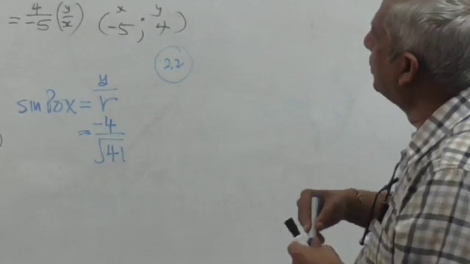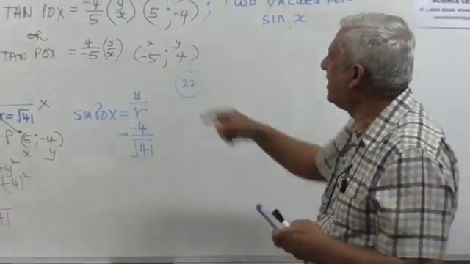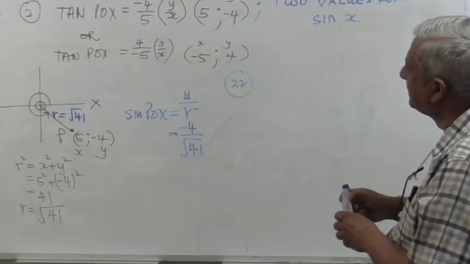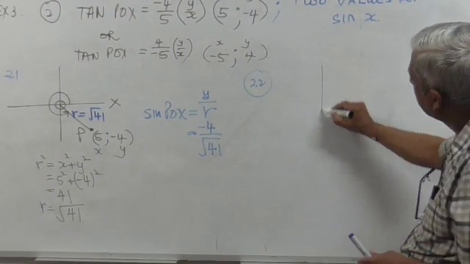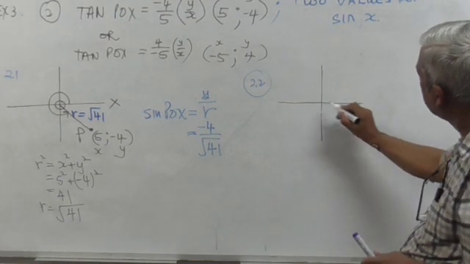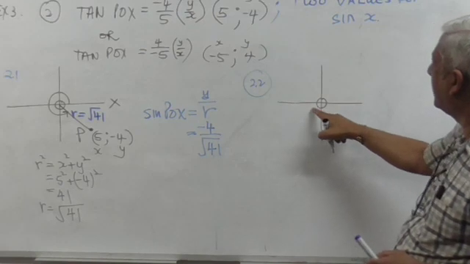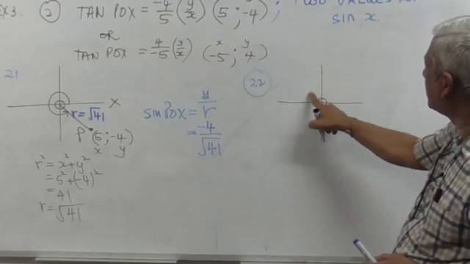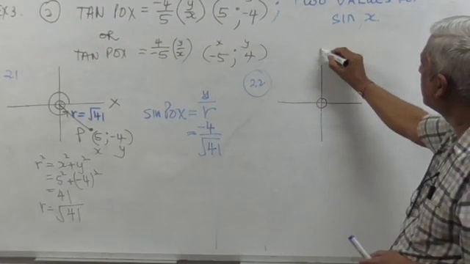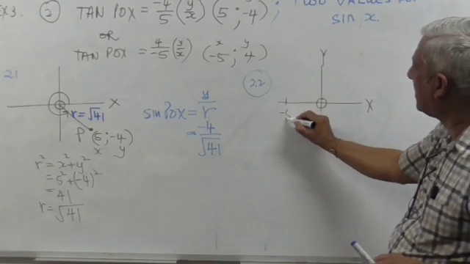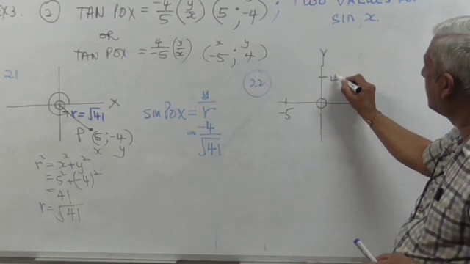Now in 2.2, you can see the x is negative, the y is positive. So you're going to draw your Cartesian plane. X is negative, y is positive is here. So that's your y, that's your x. That's minus 5, that's 4.